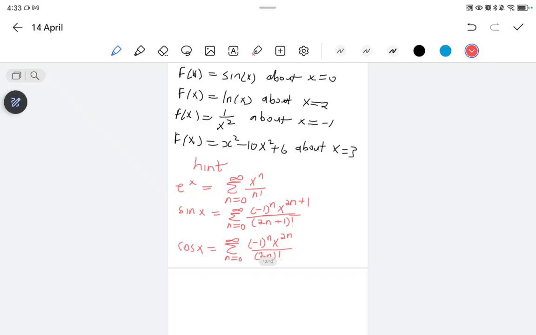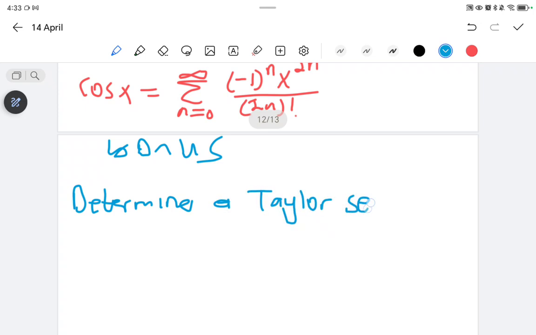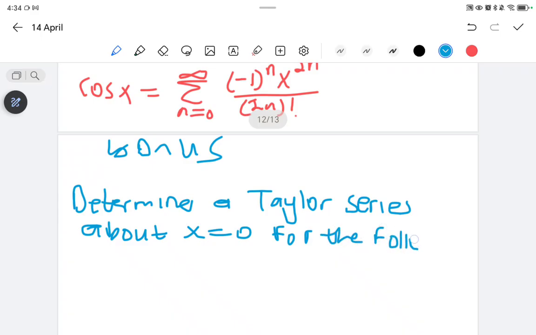Then a bonus question. Let's say for the bonus question, determine the Taylor series about x equals 0 for the following integral. So tomorrow we're going back to infinite series, right?